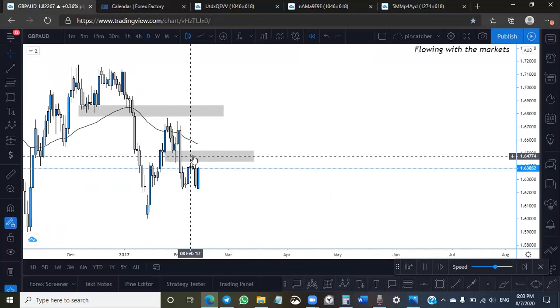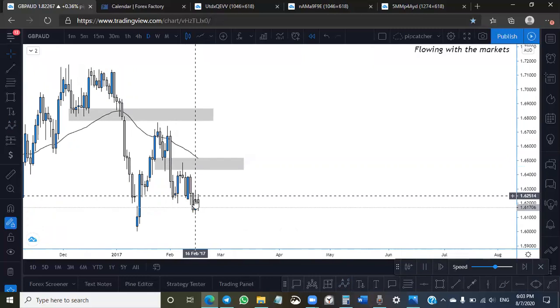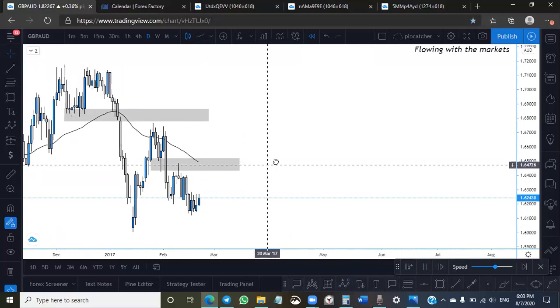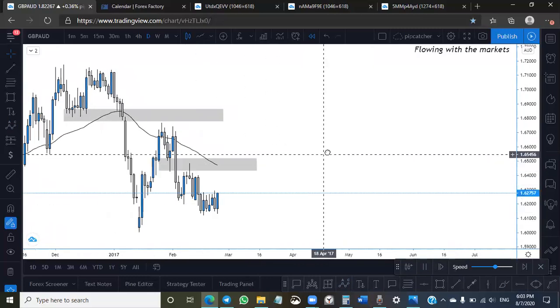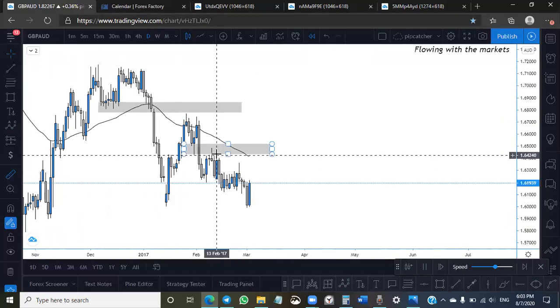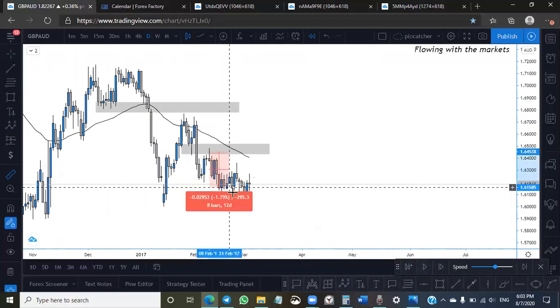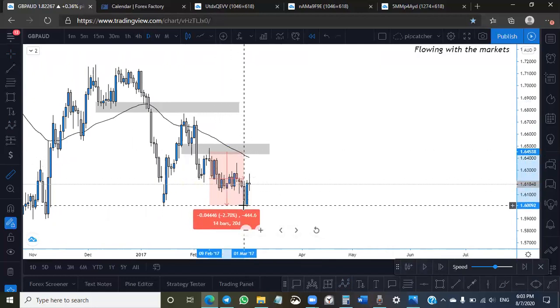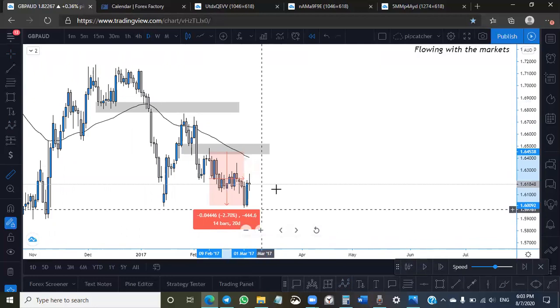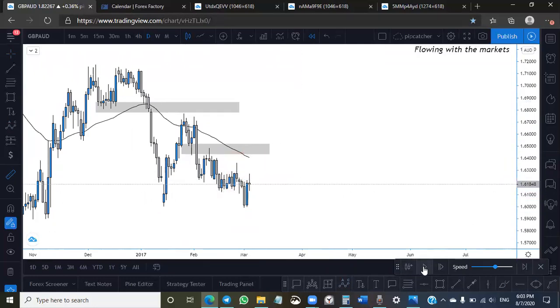So I would have entered already about right in here, and this is moving down now nicely. We are on the daily time frame on GBPAUD, so the pip count is pretty high. This was a 444 pip move and potentially could go lower.